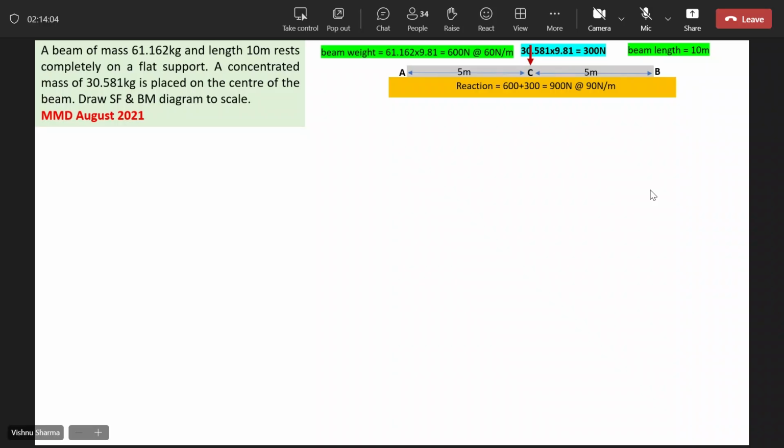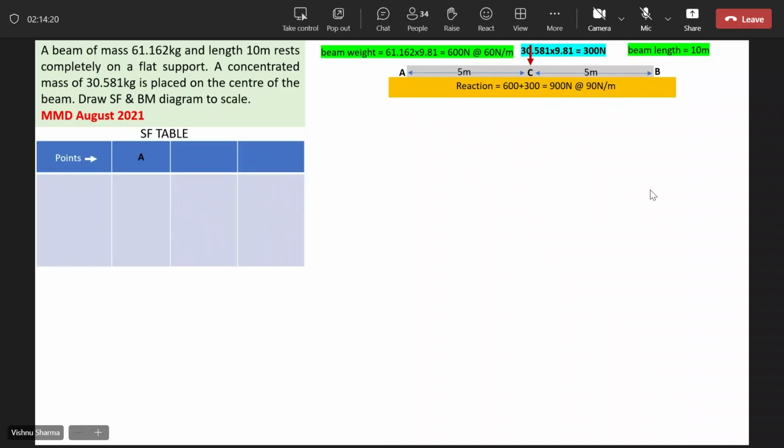Yes, sir. Guys, how many minimum points for the SF diagram? Now look at the beam diagram and tell me. 3 points. Please make the table for 3 points then. You were missing out on 2 points, but 3 points you corrected, so it's okay. SF will be in newtons.